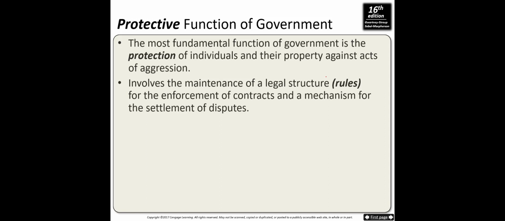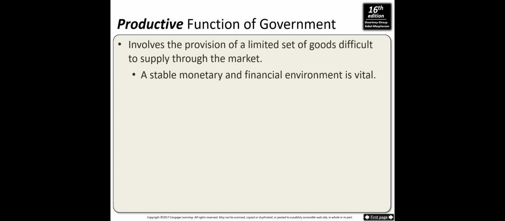This involves the maintenance of a legal structure, rules for the enforcement of contracts, and a mechanism for the settlement of disputes. The productive function involves the provision of a limited set of goods difficult to supply through the market. And also government provides a stable monetary and financial environment for the free markets to function.